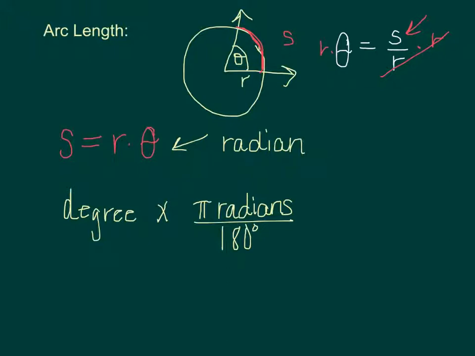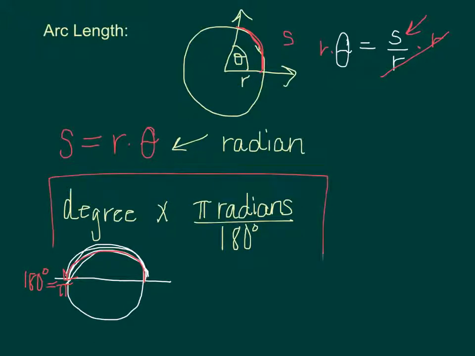Well, why are we using pi radians? Well, in a circle, half of a circle, so going from this distance here, is 180 degrees, which is equal to 1 pi radians. So to convert your degree to radians, you have to use this conversion to help you do that.